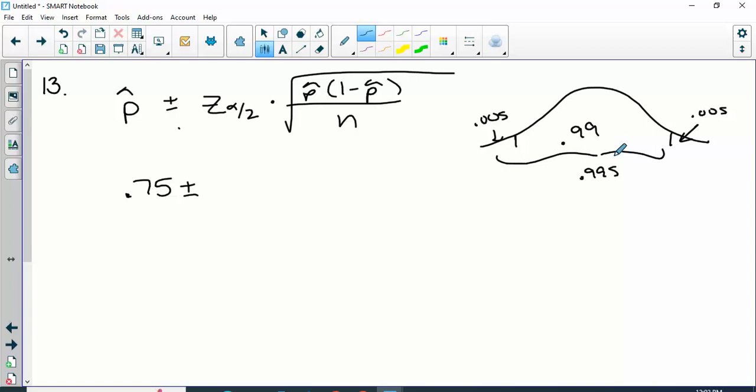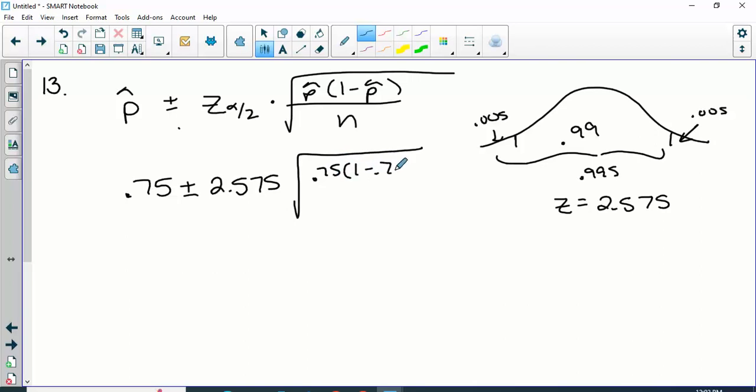And so if we look, we have 0.9949 and 0.9951, so it's right in the middle of those. So that's 2.575. This one is also given to us at the bottom of our little table. It does tell us the 99%, so we see where that came from. So 2.575 times the square root of 0.75 times (1 minus 0.75), divided by n, which is 1024.